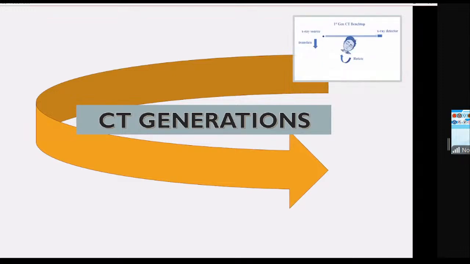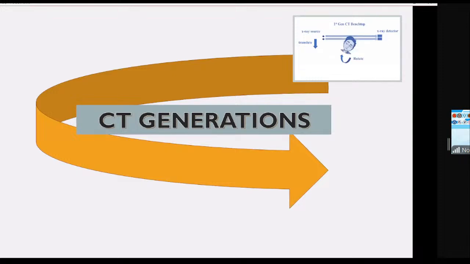It used a pencil beam X-ray and a single detector that translate and rotate in small increments, making the scan very slow. That's why one slice took almost 5 minutes. Sir Godfrey did the test for the CT brain, and the whole procedure, just 5 slices, took almost 30 minutes.